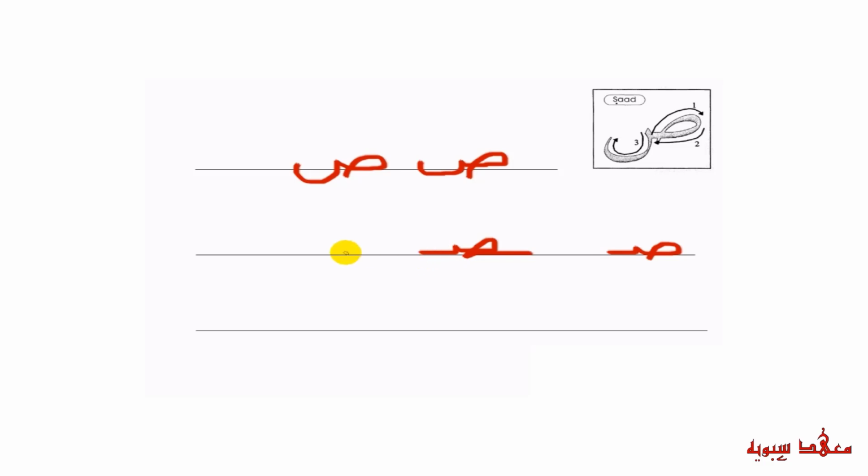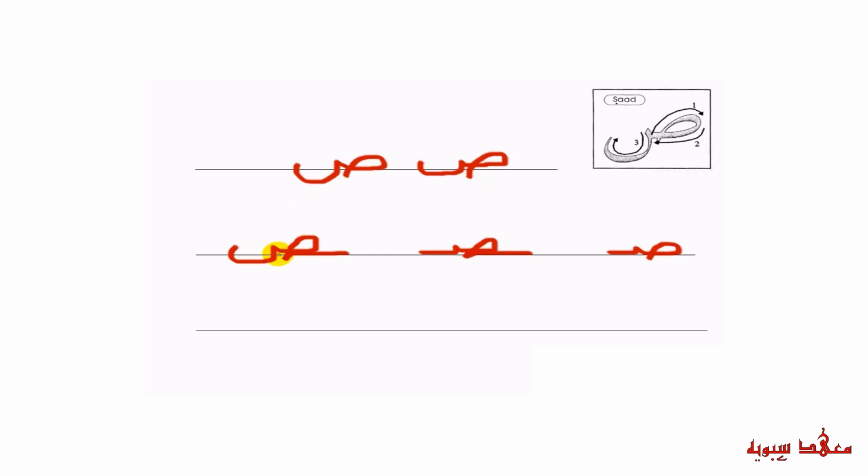And finally, the end form, which is as follows. So you have the letter, go a bit further down, go down, come like that, and then go down a bit. So it goes more down, similar to the isolated forms. Maybe this should go a bit further down like this.